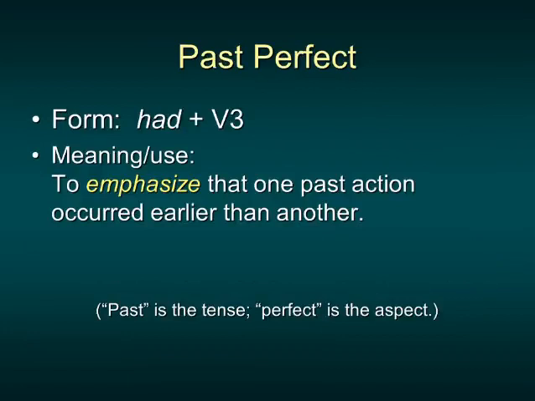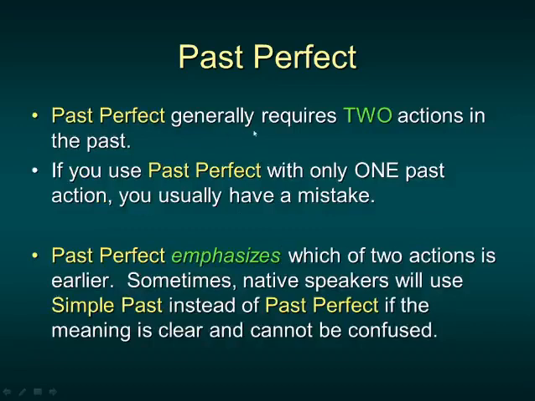Past perfect, had plus verb 3, emphasizes that one past action occurred earlier than another. Past perfect generally requires 2 actions in the past. If you use past perfect with only one past action, you usually have a mistake. Past perfect emphasizes which of 2 actions is earlier.